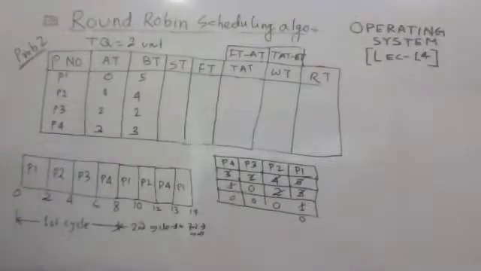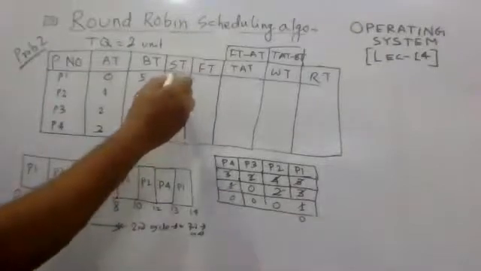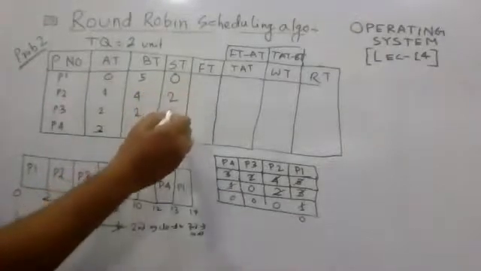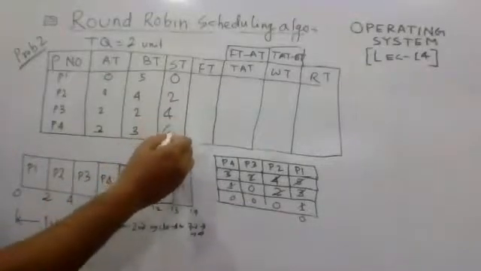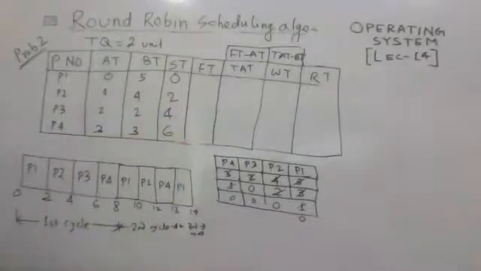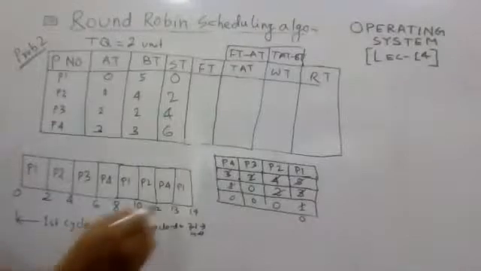So now easily we can calculate these parameters. Starting time for P1 is 0, for P2 2, for P3 4, for P4 6. Finish time for P1 is 14.